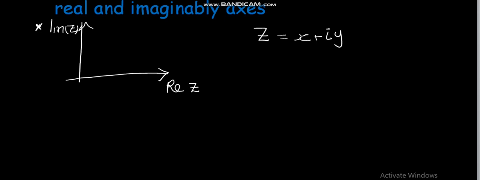We may need to plot z on the Argand diagram. Now we should note that z is a set of points x and y. This i tells us the direction that this y is on, the imaginary axis. Is that okay? So we can plot our z. Our x can be found here and our y can be found here.